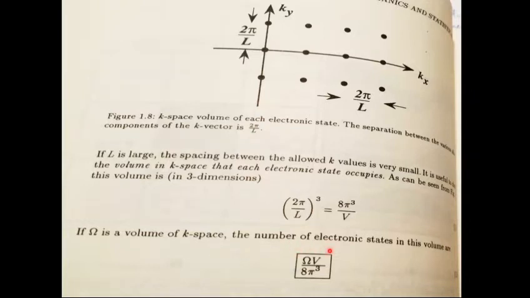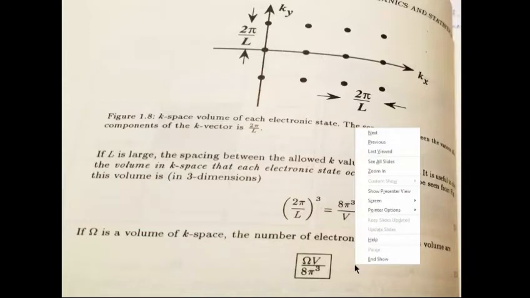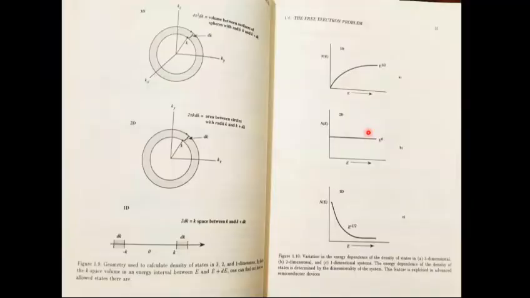Then the number of electronic states can be calculated as the total volume over the volume of each electronic state, which gives me the total number. Now, why do we need the number of electronic states? You will see in a minute why.